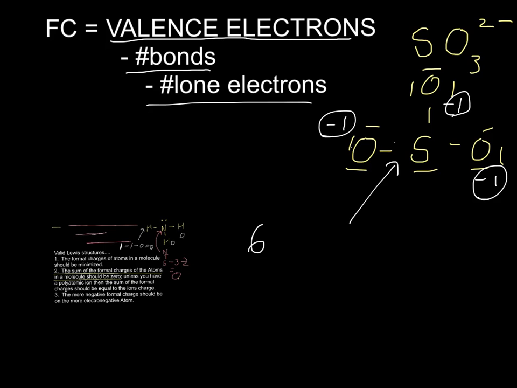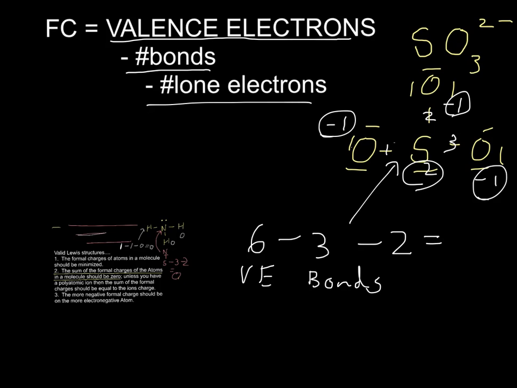Sulfur has 6 valence electrons. This sulfur is participating in 1, 2, 3 bonds, and it has 2 lonely electrons right there. So 6 minus 3 minus 2 winds up being a +1.